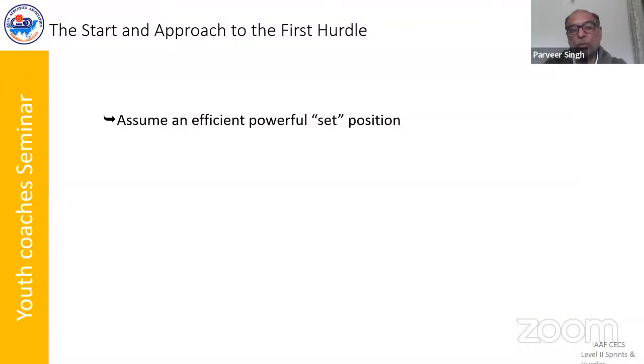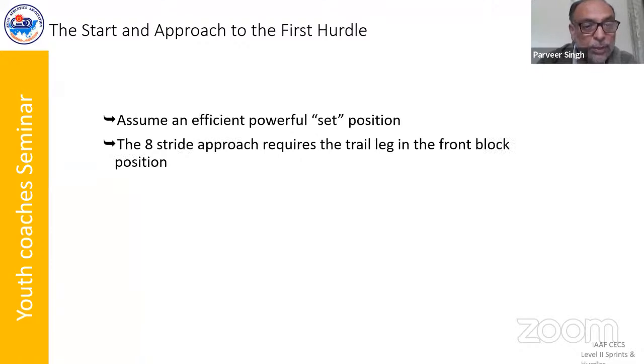So for the start and approach to the first hurdle: assume an efficient, powerful set position, similar to sprinting. If your athlete is taking a generally 8-stride approach, this requires the trail leg in the front block.